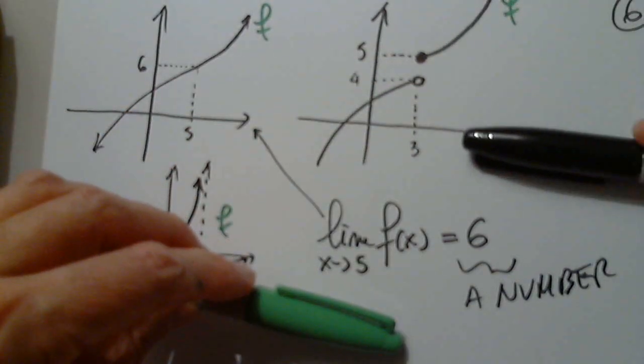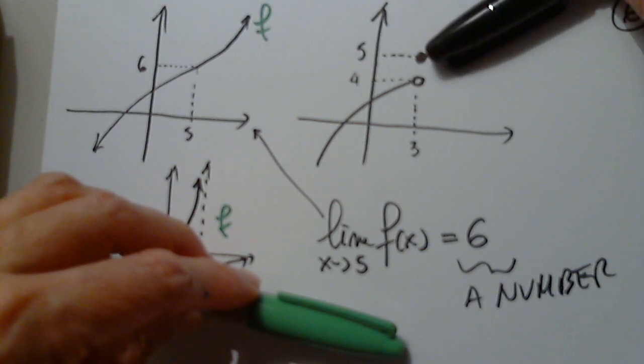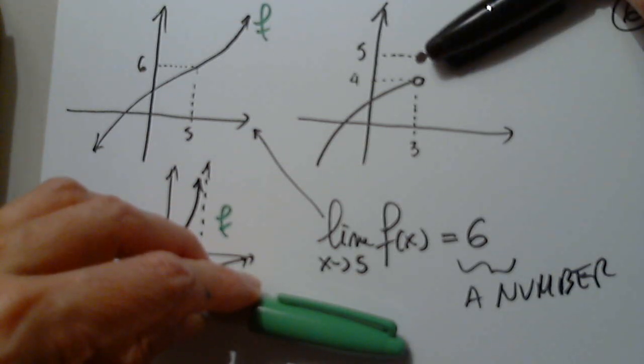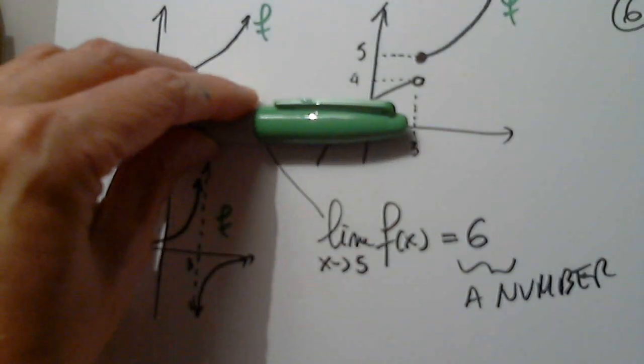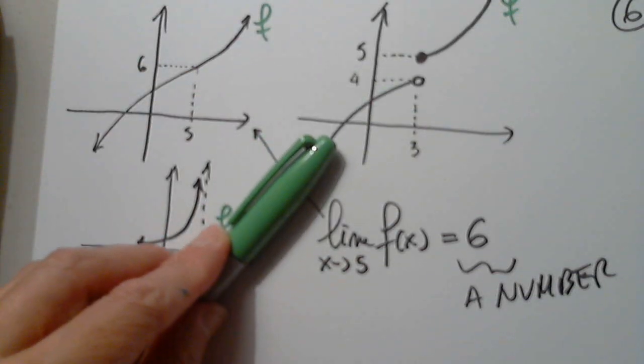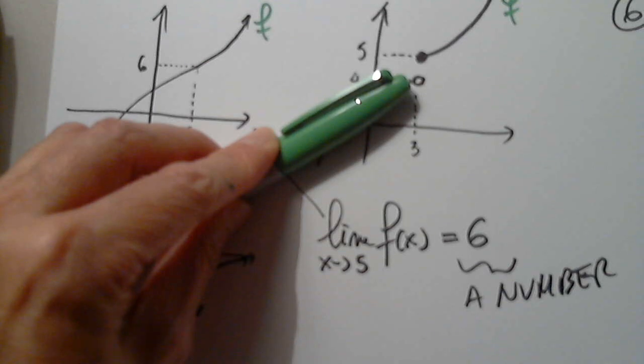So when x approaches 3 from the right, the function values get closer and closer to how much? 5. Exactly. As x approaches 3 from the left, the function values from the left get closer and closer to 4.